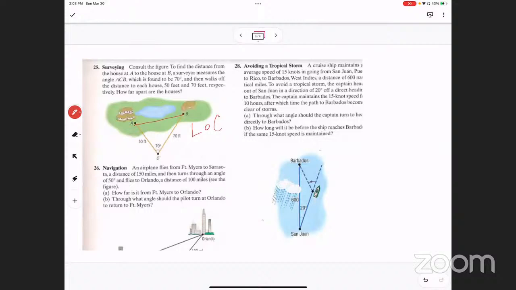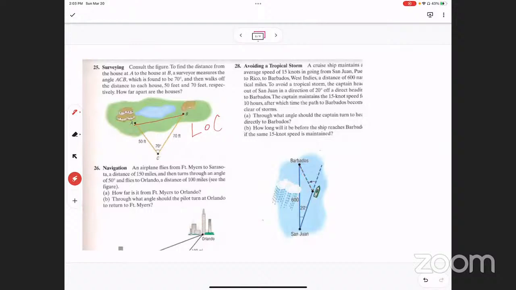To avoid a tropical storm, the captain heads out of San Juan in a direction of 20 degrees off a direct heading to Barbados. This probably says the captain normally would just go straight there, but instead he's deciding to go here and then there.